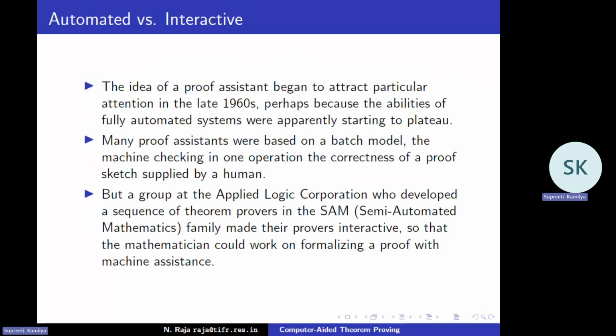Nowadays you have a more interactive way of writing programs. So this initial work on proof assistants worked on a batch model, and then slowly theorem provers became more interactive, which was initially called semi-automated mathematics.